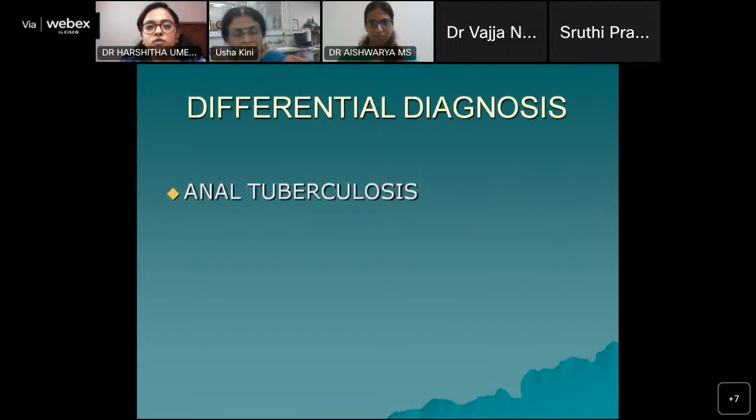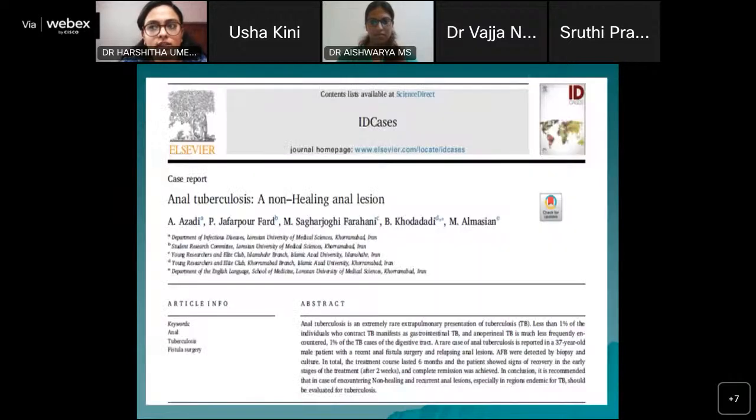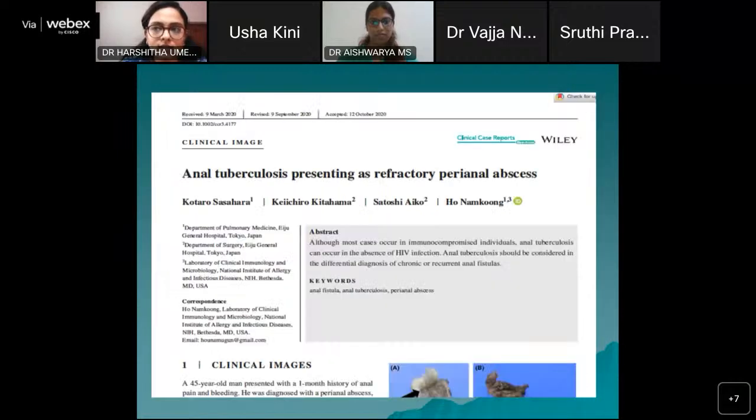And also a close differential diagnosis would be anal tuberculosis, as anal tuberculosis is one of the extremely rare extrapulmonary presentations of tuberculosis. There are some supporting articles or case reports which were published with respect to anal tuberculosis presenting as perianal abscess. And these case reports concluded that less than 1% of individuals who contract tuberculosis manifest as anoperianal tuberculosis.